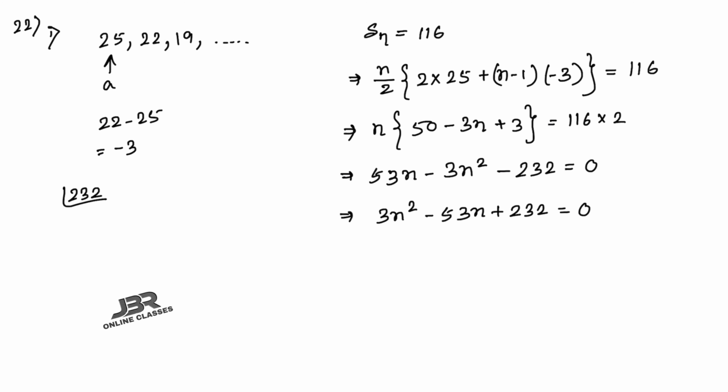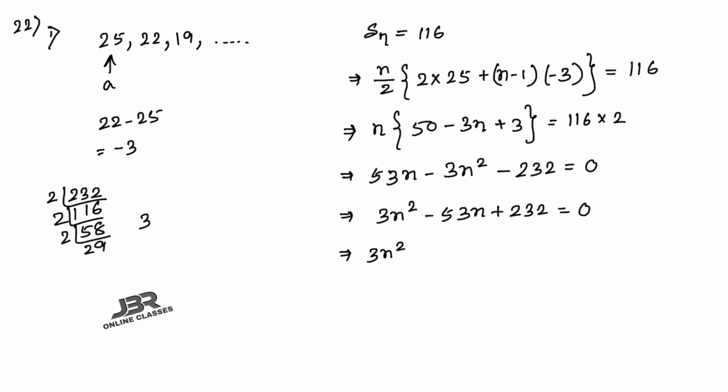So factorize 232: 116, 58, 29, and here 3 also. Now you have to make 53. So 53, now here 8 into 3, 24, 24 plus 29, that equals 53. Okay, good.